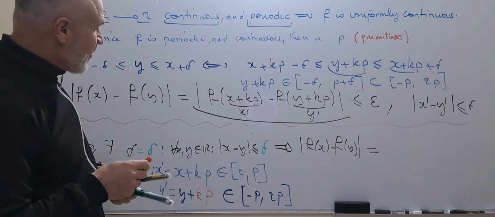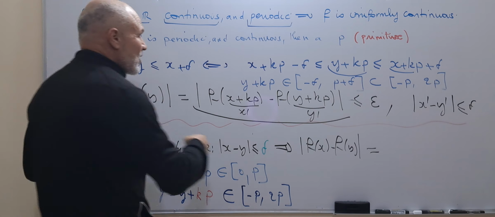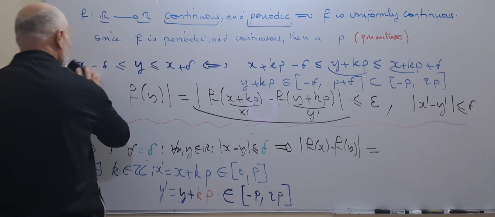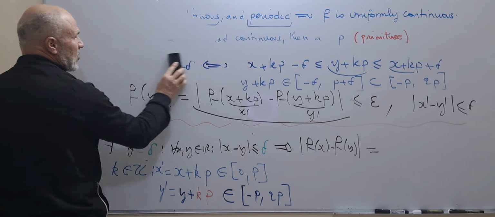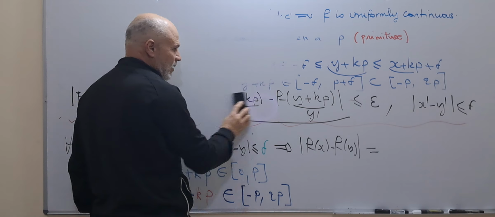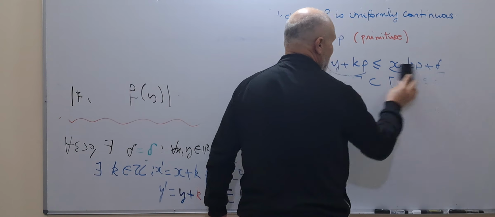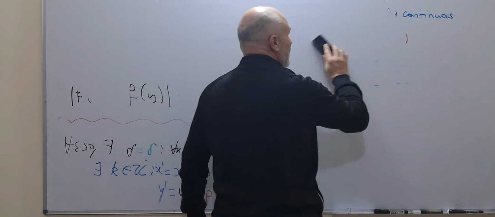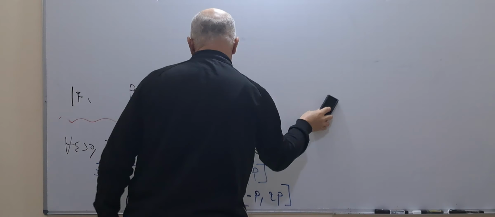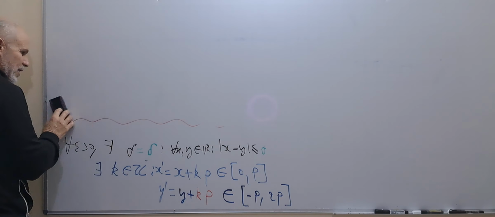Just before finishing this video, using this theorem, you can prove, for example, that cosine x plus sine x, cosine 3x plus sine 7x, all of these are uniformly continuous. Why?